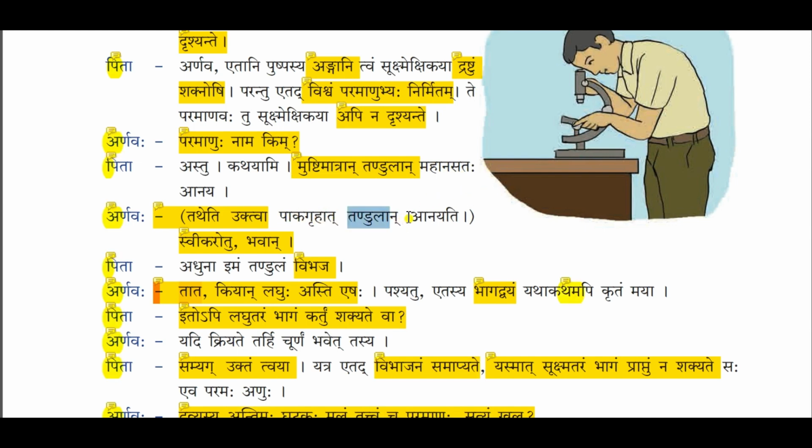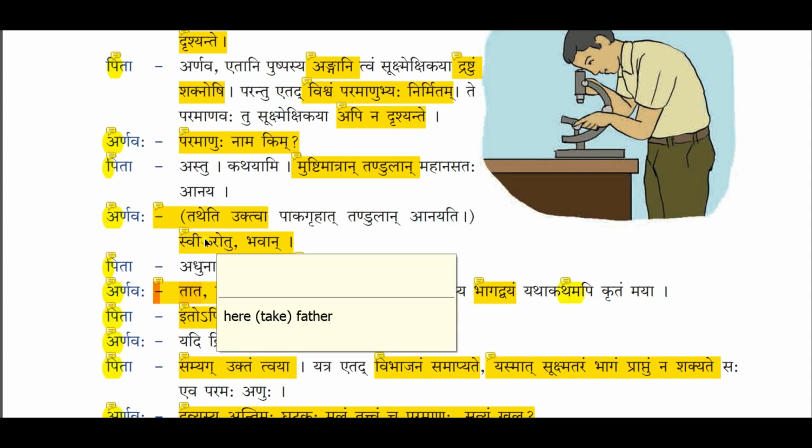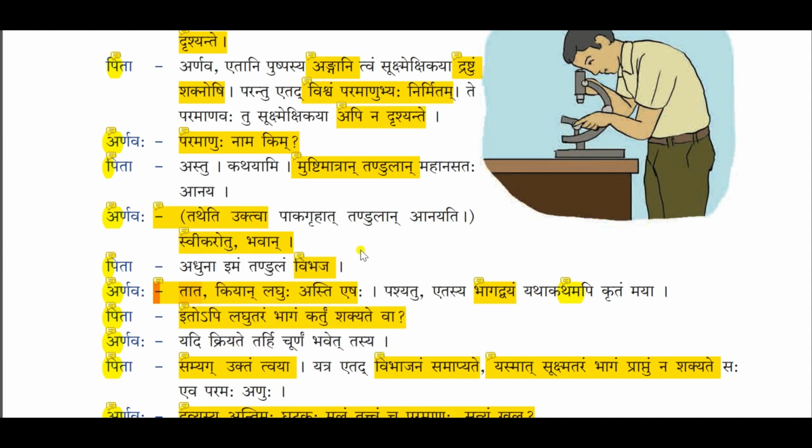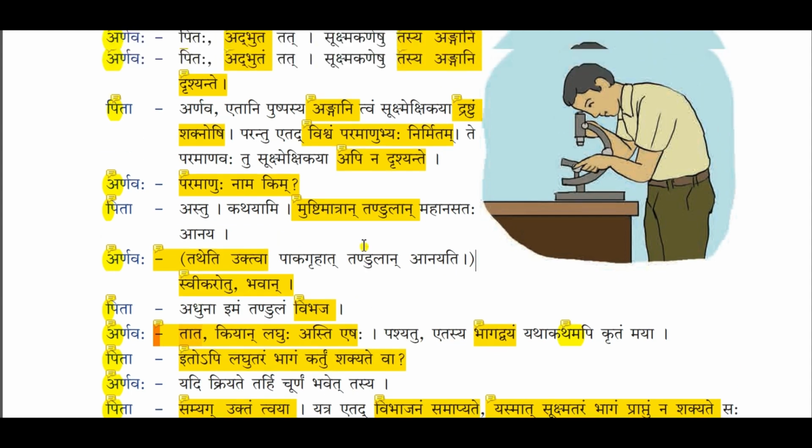Tandulan anayati, brings rice. So Arnab brings rice from the kitchen. And what did he say? Swikarotu Bhavan. Swikarotu means take, Bhavan means you. But Bhavan is the third person here. So the meaning is, O father, please take it, because you can't say tum. So this is the meaning here. Now see the translation of this.